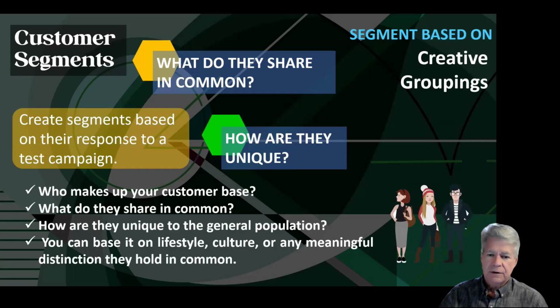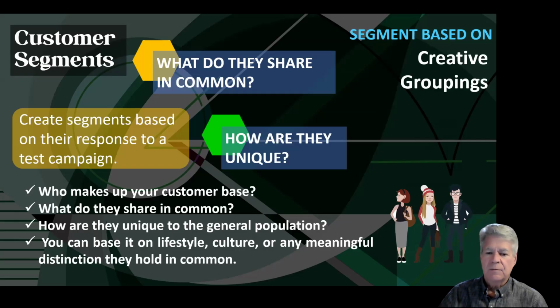Test the validity of your customer segments by targeting them in a campaign to see if they respond in the same way. If they do, then you may have a single customer segment. If not, then experiment with finding different ways to test their interests by creating unique offers to give you clues about who they are.